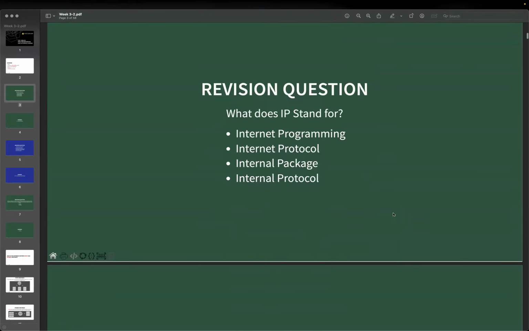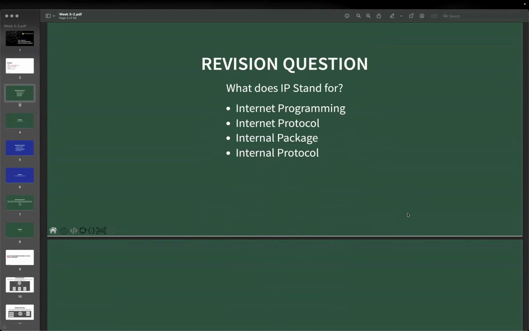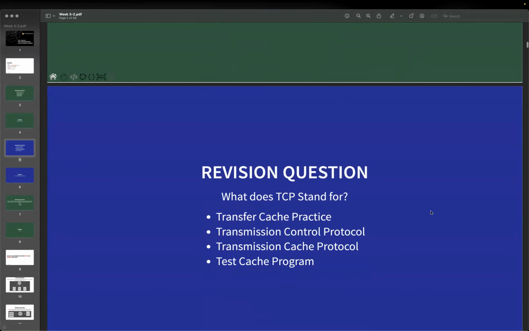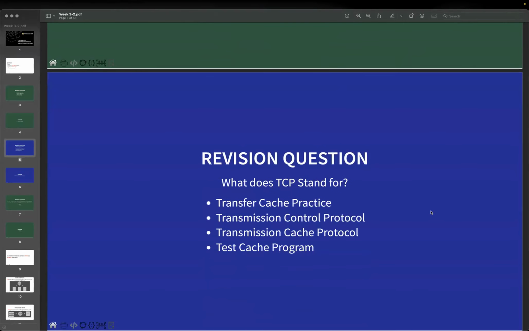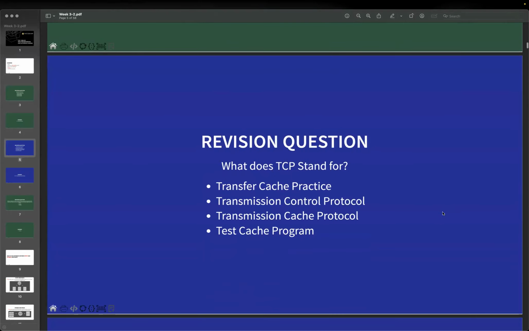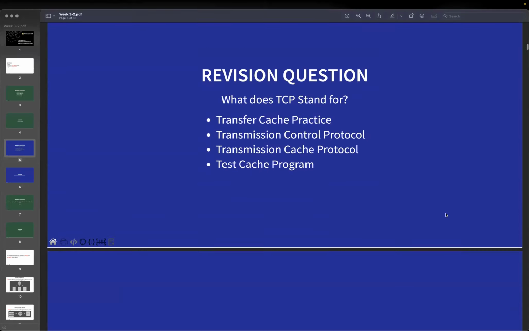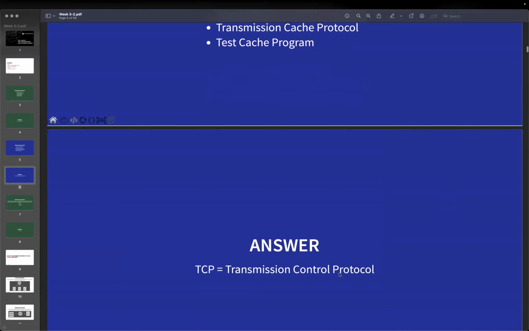So you need to think about it. When we talk about it, it should be the IP protocol. And what's TCP? We talked a lot about TCP. The T is in the transport layer, so you should relate it to transmission. So it should be Transmission Control Protocol.